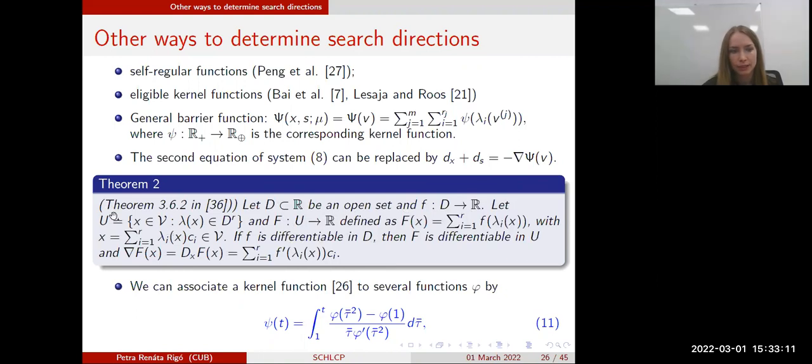And if we consider X given in this way, then if f is differentiable in D, then the big F is also differentiable in U, and we can use this notation.